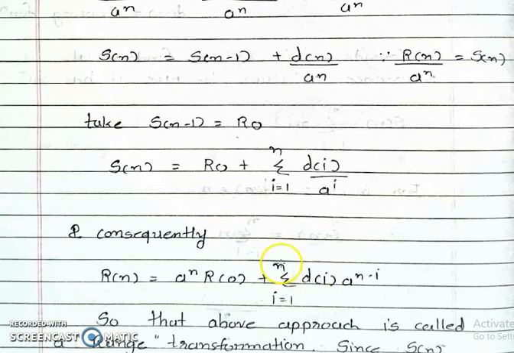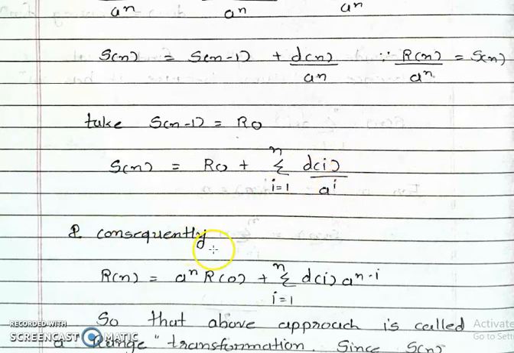Then take S of 0 equal to R of 0. So we get S of n equal to R0 plus sigma i equal to 1 to n d of i divided by a raised to i.